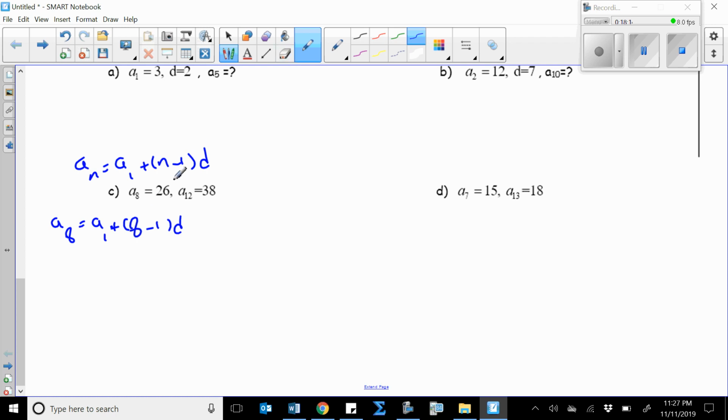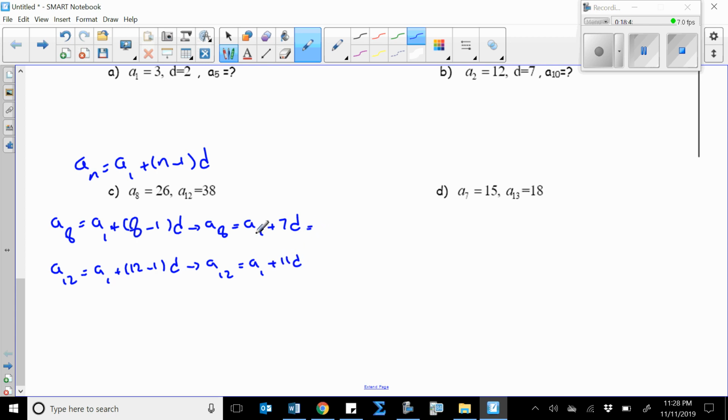So I'm going to write A8 is equal to A1 plus 7 times D. Now what is A12? It's A1 plus 12 minus 1 times D. So A12 is equal to A1 plus 11D.